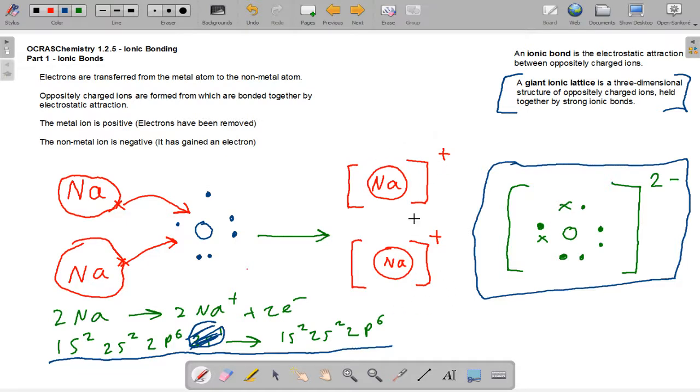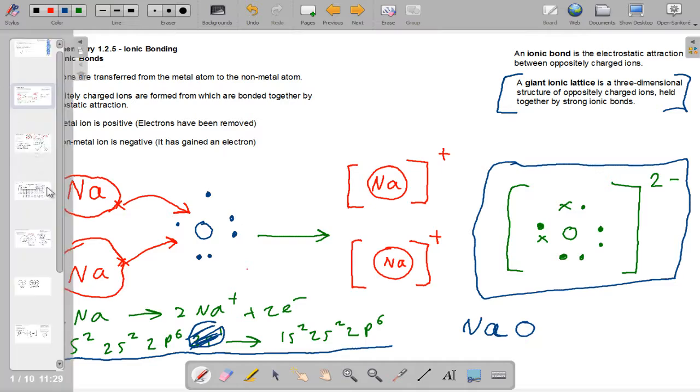So 2 sodium plus ions interact with the 2 minus oxygen ion, and this forms Na2O, sodium oxide. So the bonding is just the attraction between these 2 oppositely charged ions.